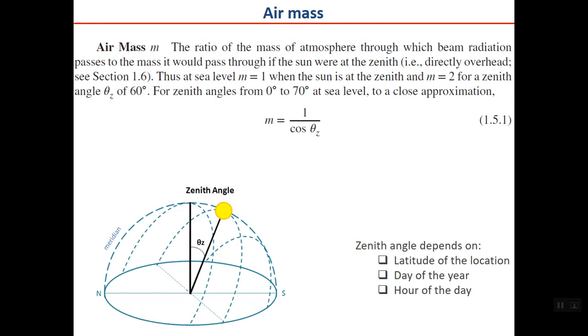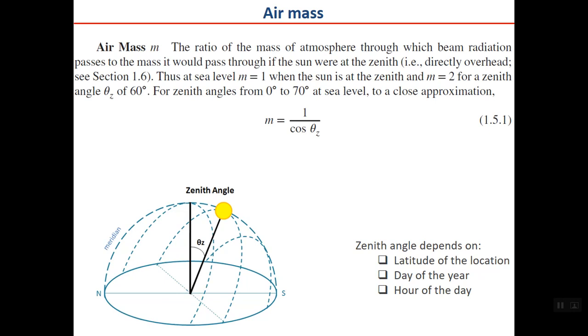One more definition remained in chapter 1 is air mass. It is also an important parameter. Air mass, which is defined, actually we missed to discuss this, and I put it here at the end of chapter 1.